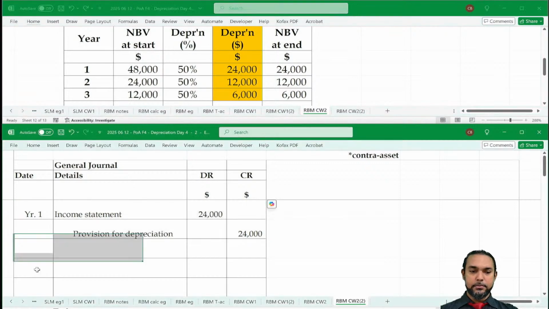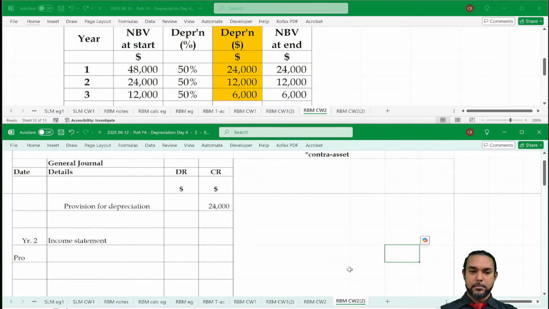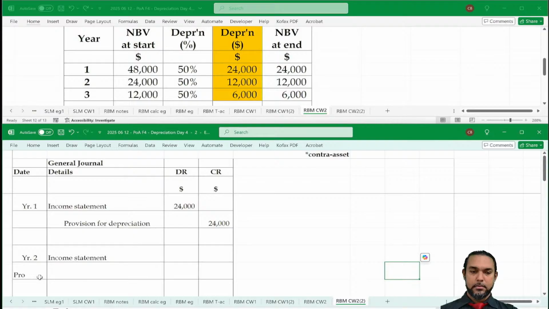So in year two, we have the same income statement and provision for depreciation. But what figure would we use in year two?